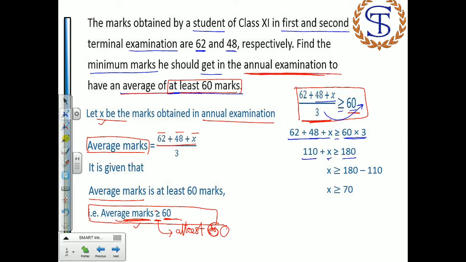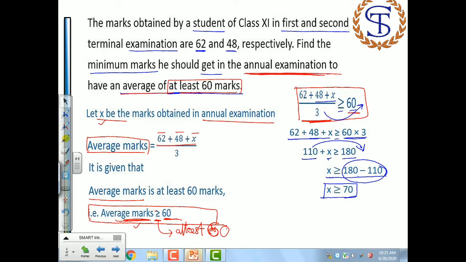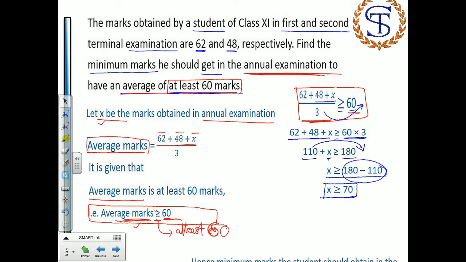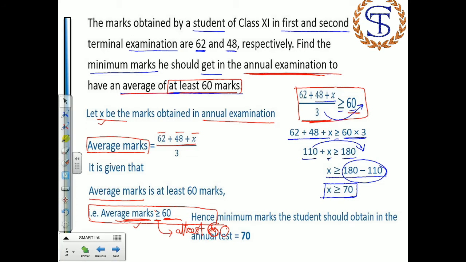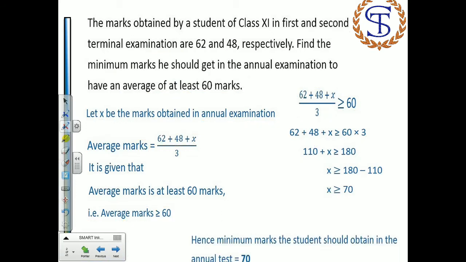Now take this 110 to the RHS. That is X is greater than or equal to 180 minus 110. Now what is 180 minus 110? It is 70. X is greater than or equal to 70. So what does it mean?